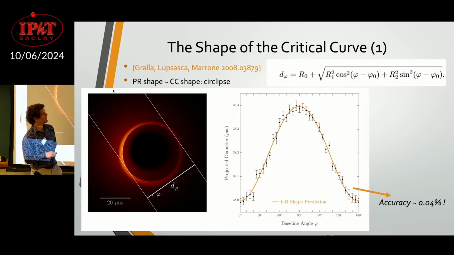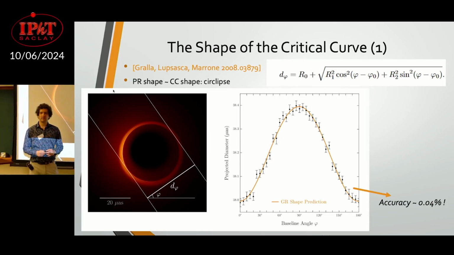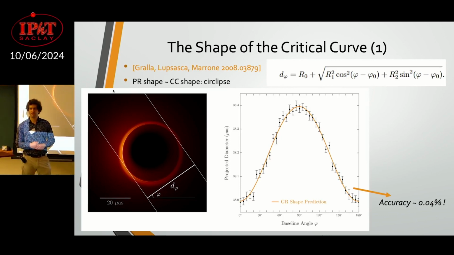But I would say there is a large degeneracy in spin and inclination, right? So if this is the only measurement you have, I don't think it's going to be very obvious to disentangle what is the spin, what is the inclination, and other things. Because that could be a proxy to beyond Kerr deviations, if you're not able to measure the spin accurately.